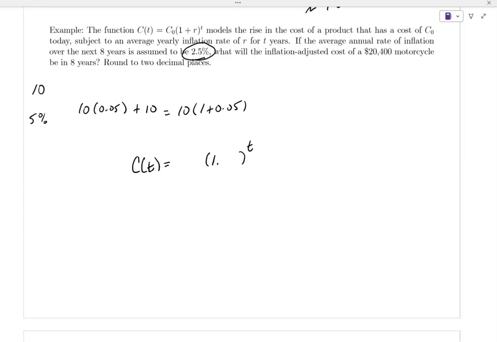How do we represent the 2.5% as a decimal? Not quite 0.25, but 0.025, right? So on the inside, we'll get 1.025. When we add the 1 and the 0.025, we can combine those.